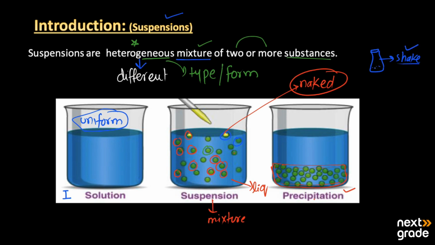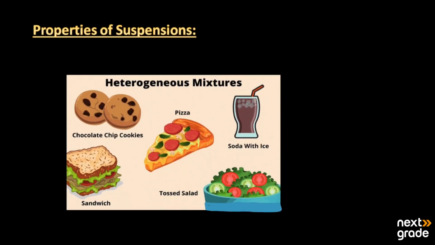Because the solid particles are suspended in it and settle in the form of precipitation, and to get a proper dose, we have to shake it. This is a simple daily life example of suspensions. On the whole, we have a lot of examples.